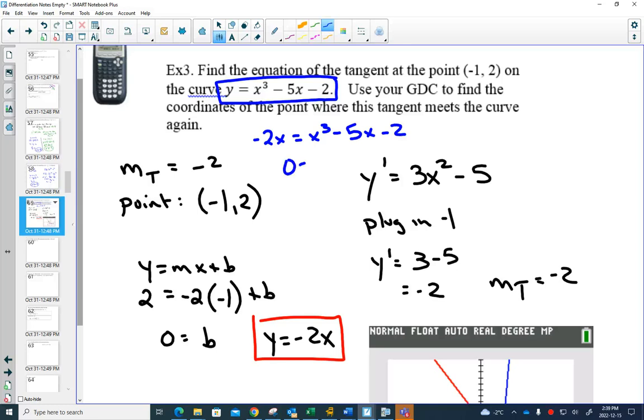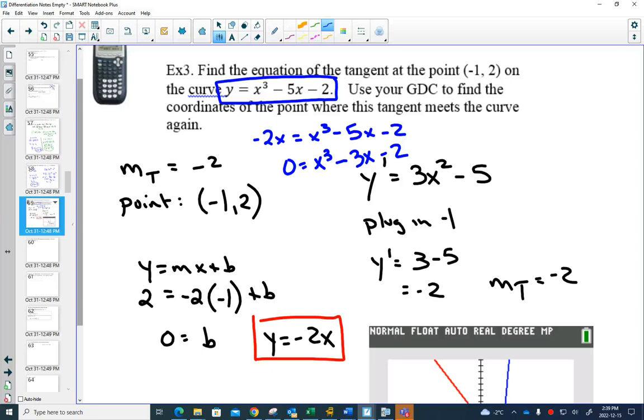You make one side equal to 0, and you have to factor. How good are you at factoring cubics? Do you remember the remainder theorem, synthetic division, all of that? That's what you would have to do in this case.